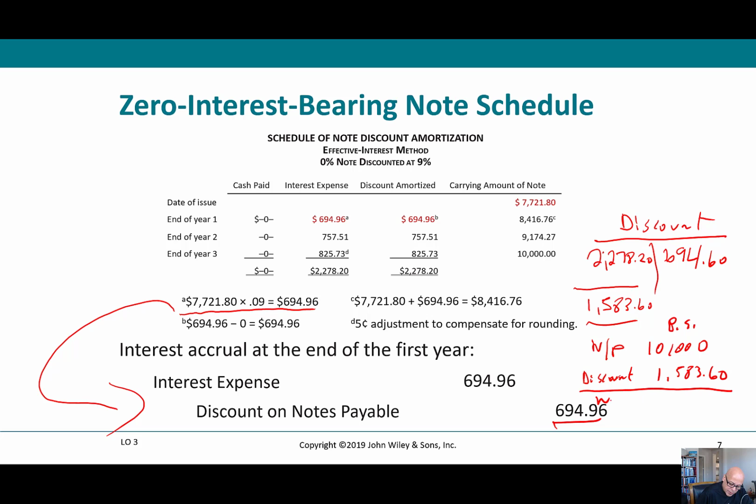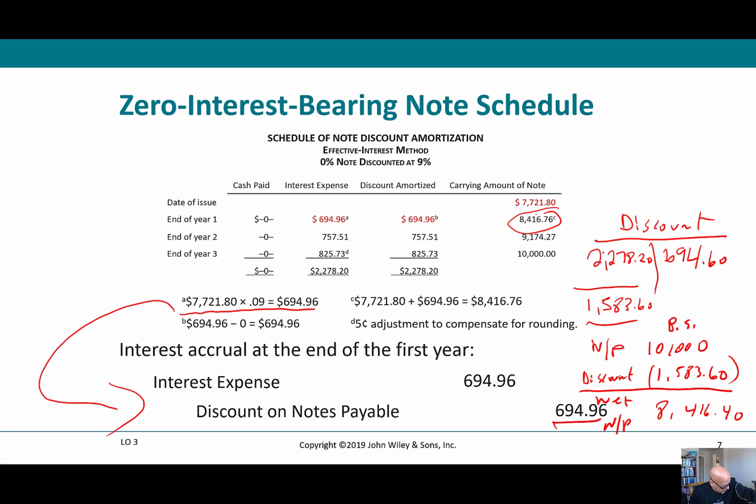So the net note payable, also called the carrying value of the note, is 10,000 minus 1,583.60, which gives us $8,416.40, the new carrying value of the note.